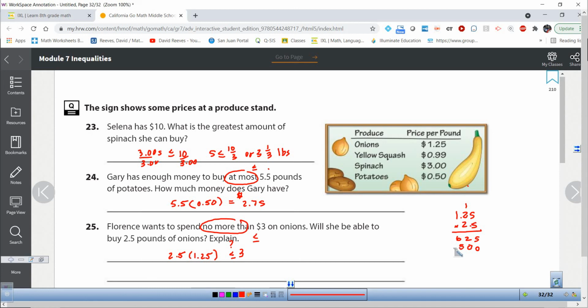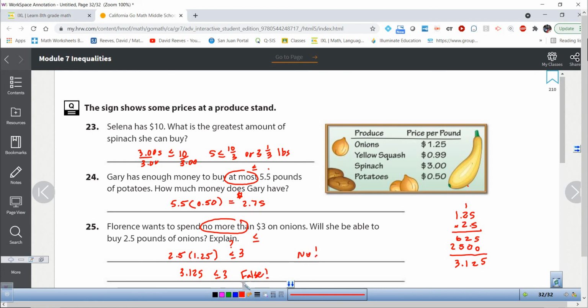And 2 times 1 is 2. So when I add those together, I get 5, 2, 6 plus 5 is 11. Carry the 1. All right, and I had how many decimal places? 3 decimal places. So this right here is 3.125. This right here is 3. That is false. So the answer is no.